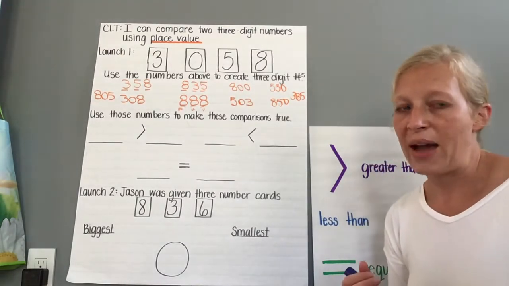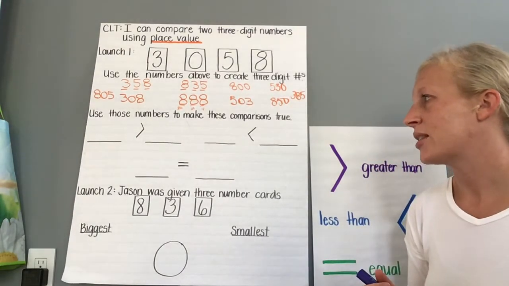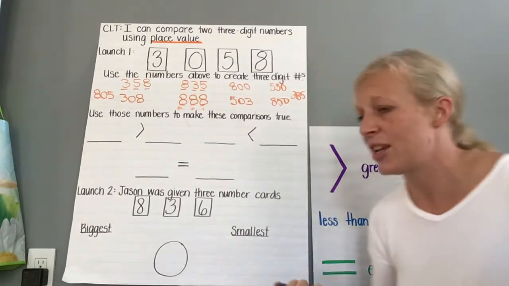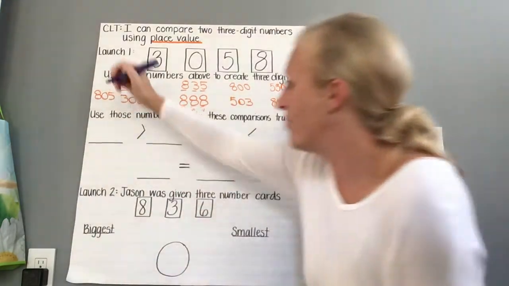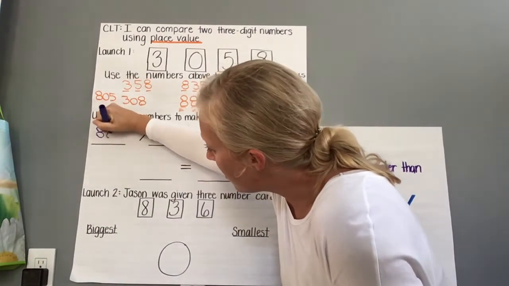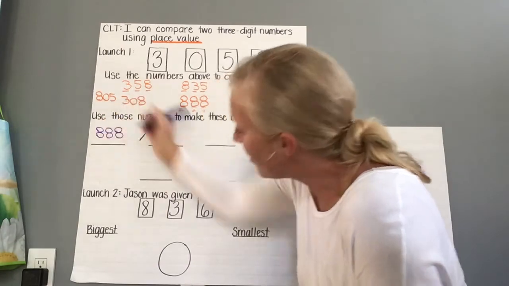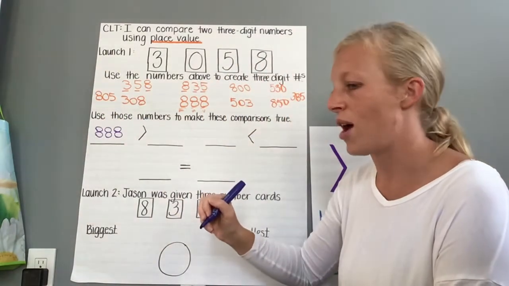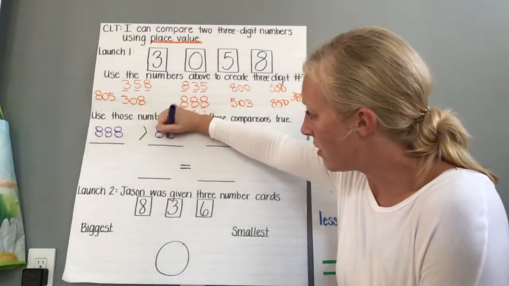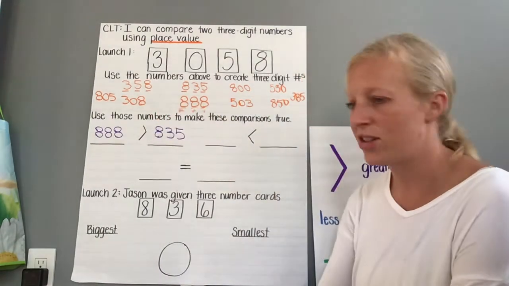Let's come on back together and take a peek at this. Oh, what are some numbers we can plug in here? Go ahead. 888 is greater than what? 835. Ooh, that's our learning from yesterday.